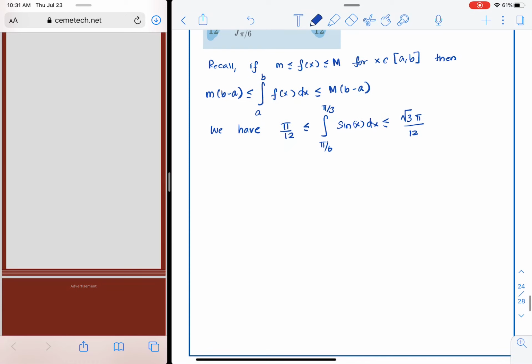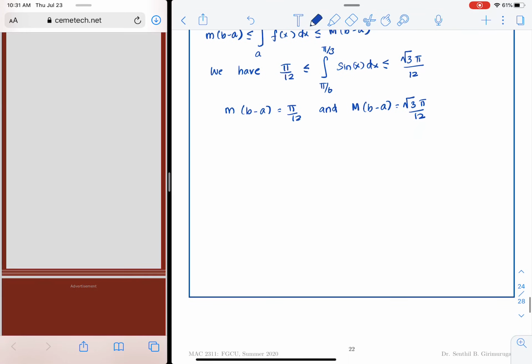So m times b minus a is pi over 12, and M times b minus a is square root of 3 pi over 12. So if we solve, we have m times pi over 3 minus pi over 6 equals pi over 12, and M times pi over 3 minus pi over 6 equals square root of 3 pi over 12.